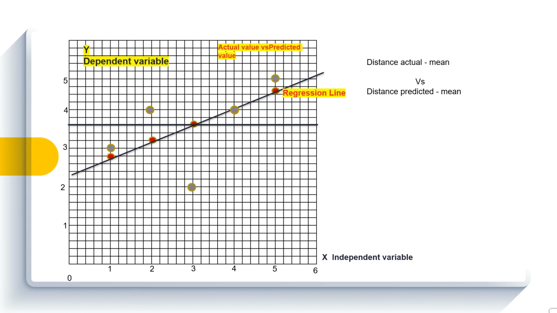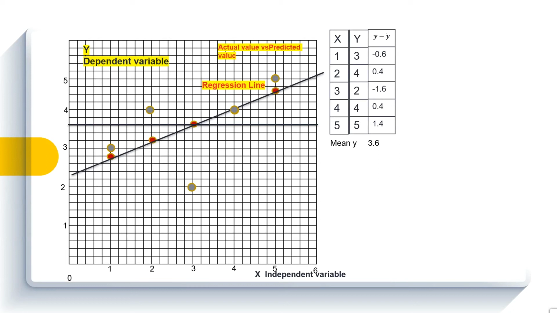That is R-square, which mathematically you can represent as summation of (y predicted minus y bar) whole square divided by summation of (y minus y bar) whole square, where y is the actual value, yp is the predicted value, and y bar is the mean value of y, that is 3.6. Remember, this is our formula.